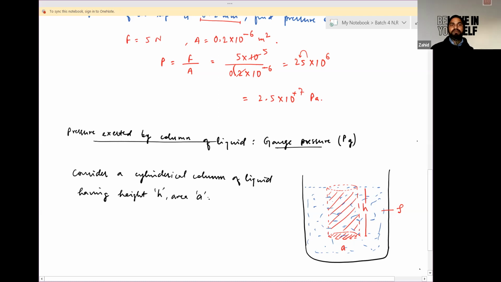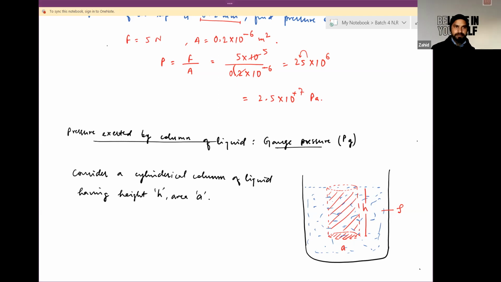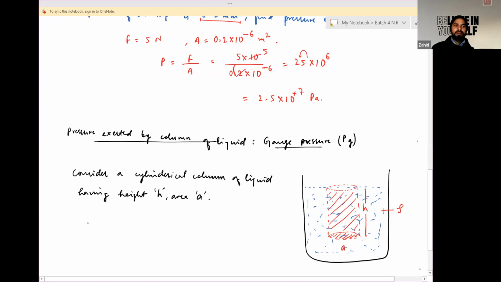For pressure, we first need the amount of force exerted by this column of liquid. So first is force exerted by the column of liquid.